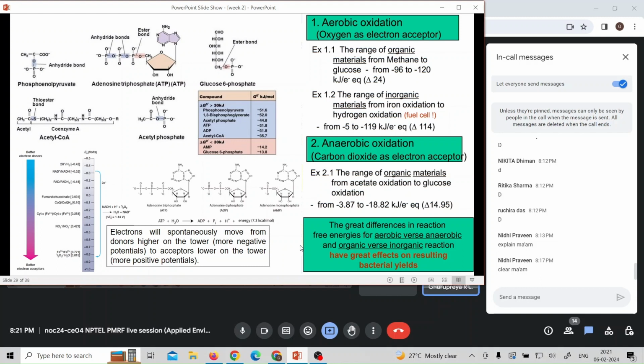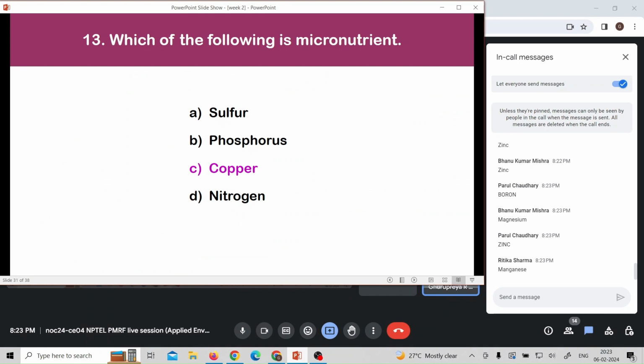So why are sulfur, phosphorus, nitrogen not micronutrients? Why do they fall under the category of macronutrients? Yes, manganese is a micronutrient, yes.